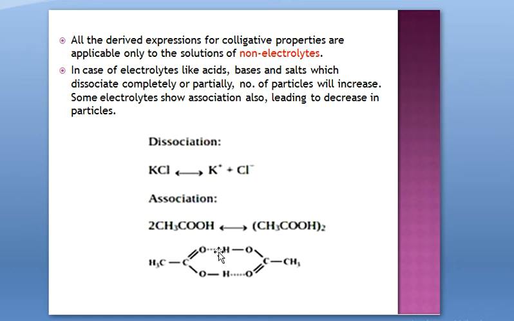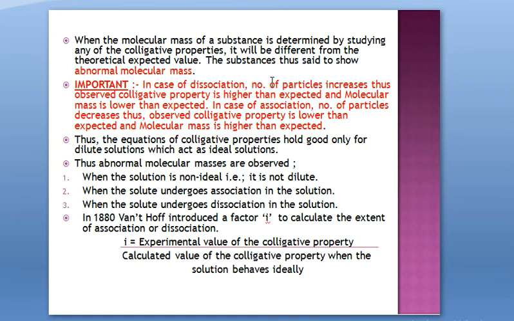Similarly, in case of association, the number of particles decreased. Thus, the observed, experimental value of colligative property will be lower than the expected value, consequent to which the value of molecular mass will be higher than the expected value. This is what I have written here. It is very important. Pay attention to this.